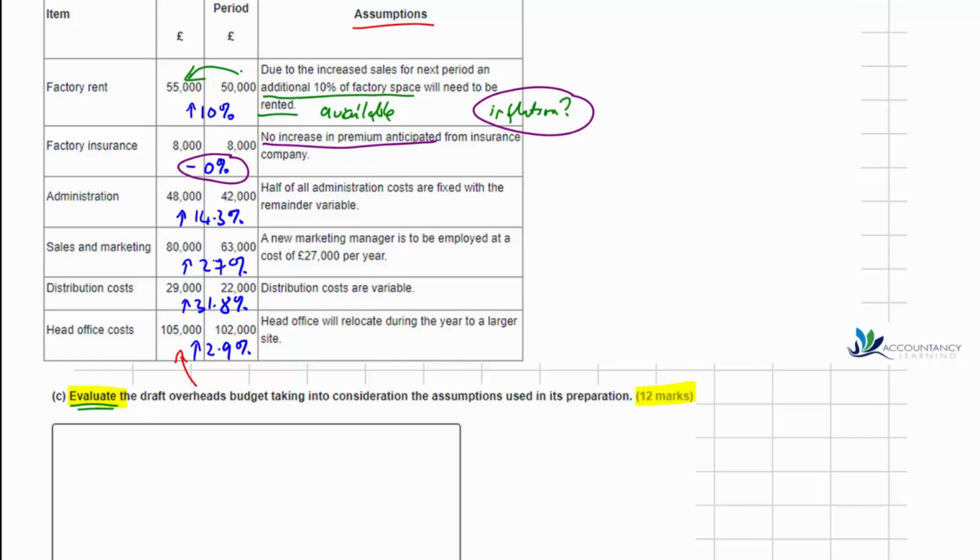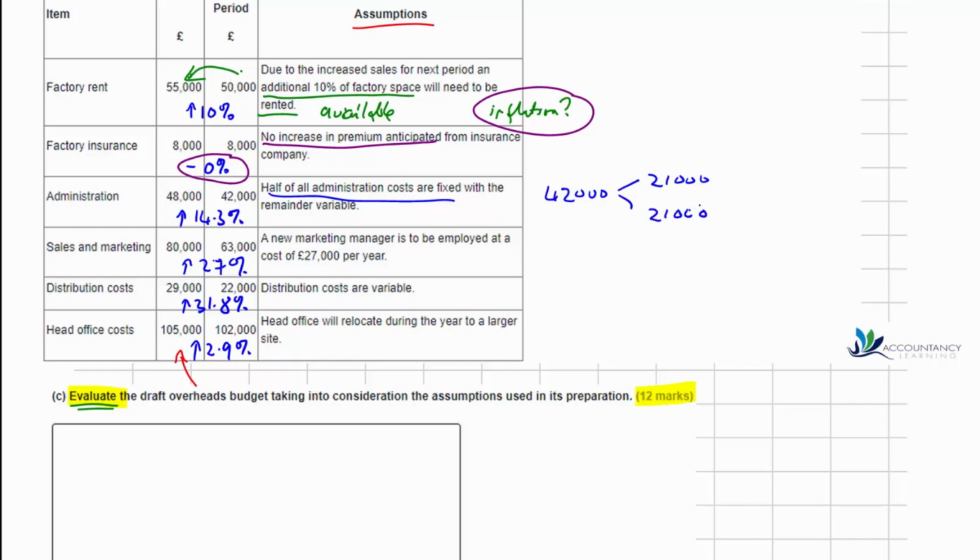For administration, it tells us that half of the administration are fixed and the rest is variable. So we've got a total of 42,000 that we have from the previous year. So half of that is going to be fixed at 21,000 and half of it is going to be variable.